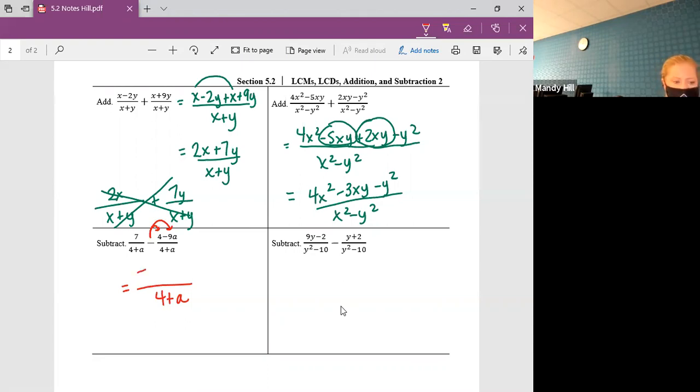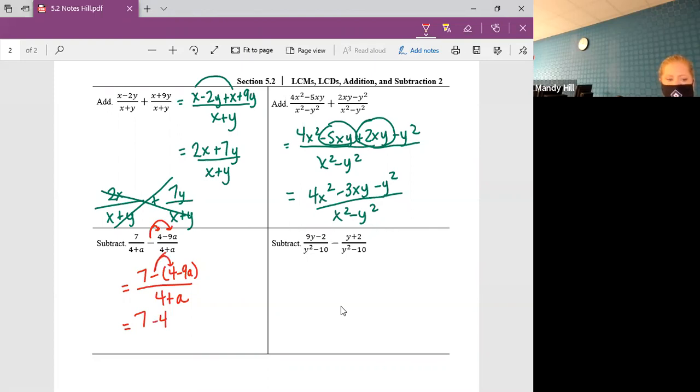So when you're subtracting, you probably need to start out by saying, oh, I want to subtract this whole thing. So I put it in parentheses saying, look, I need to subtract this whole thing, not just the 4. I need to subtract the negative 9a too. So that's going to give me 7. But then we want the opposite of 4, which is negative 4.